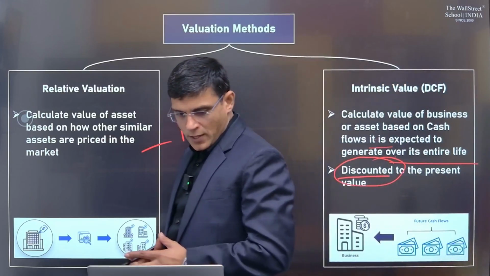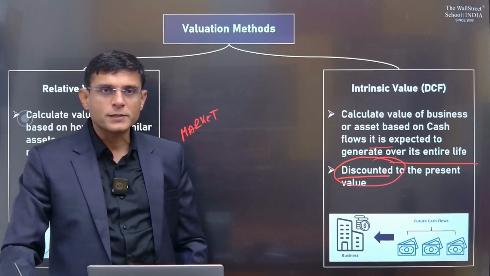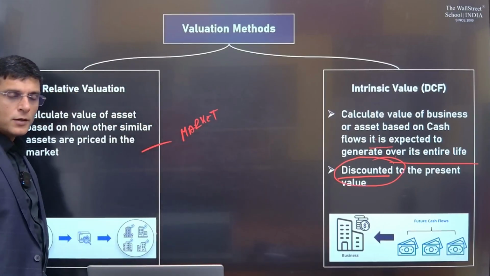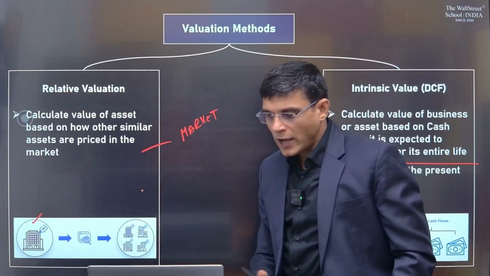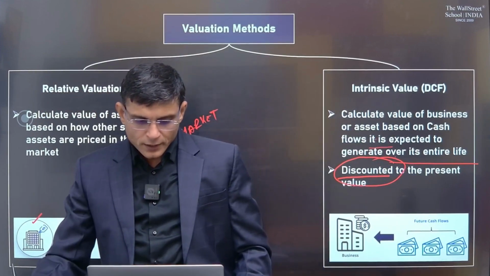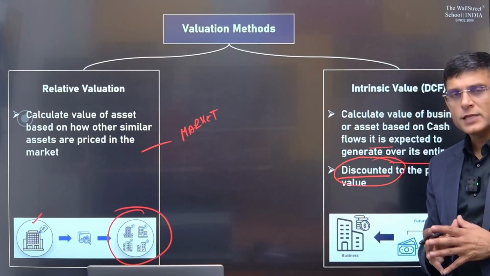valuation. As shown in the diagram, guys, to find the fair value of a target business, as you can see on the screen, you have to find the market price of other similar types of companies, same type of companies.